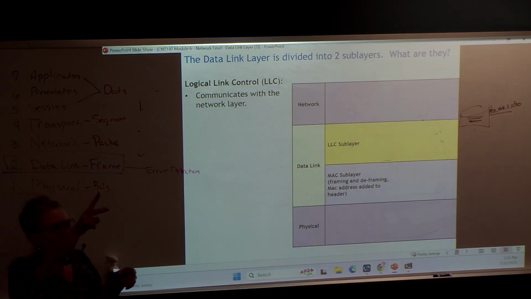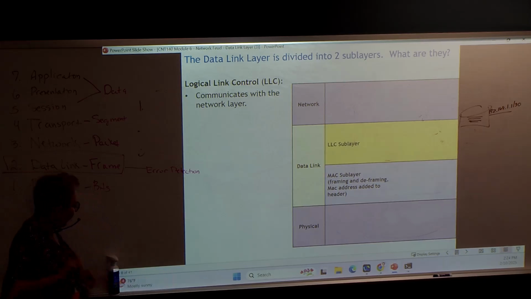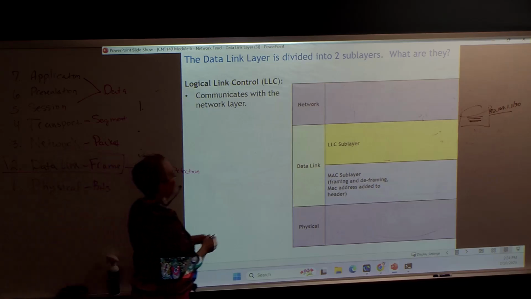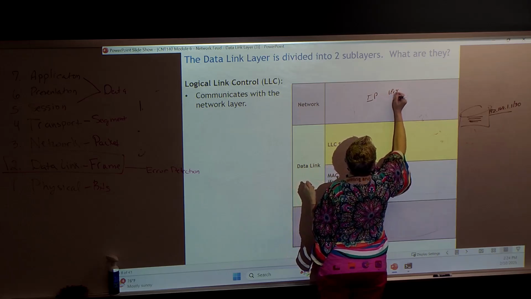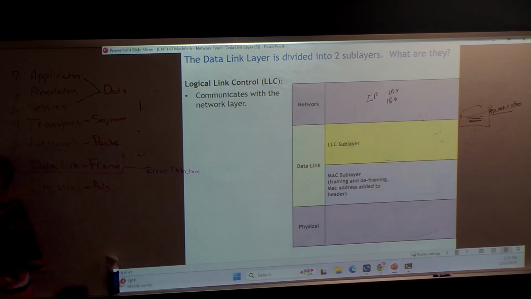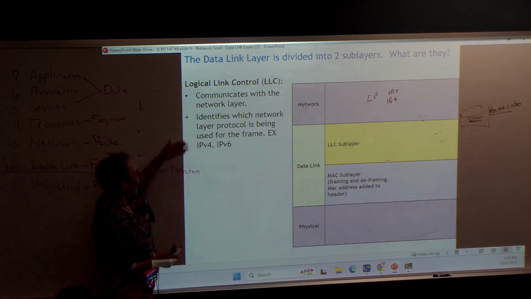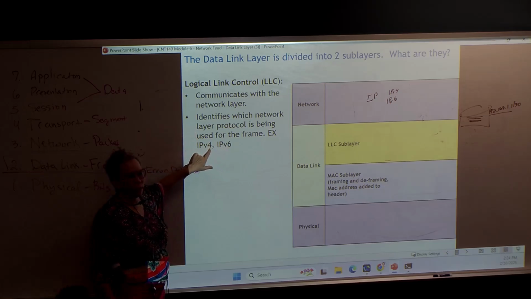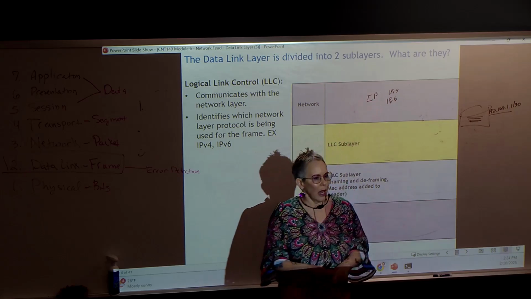Give me two protocols that happen at the network layer. IP, yeah. So we have IP, IPv4, and IPv6. It communicates with the network layer, and it identifies which network layer protocol is being used. It lets us know whether it's IPv4 or IPv6.